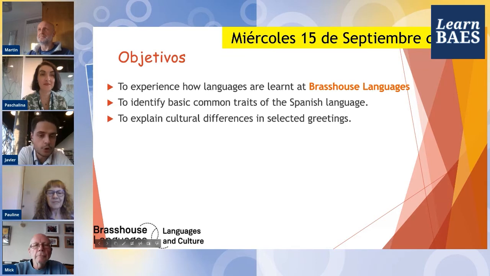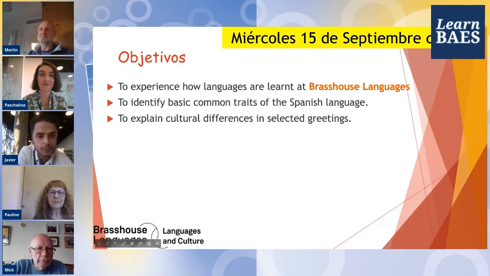Objetivo número 2, identify basic common traits of the Spanish language. That's going to be in terms of how it looks when spelled in writing and how it sounds differently when spoken. ¿Vale?